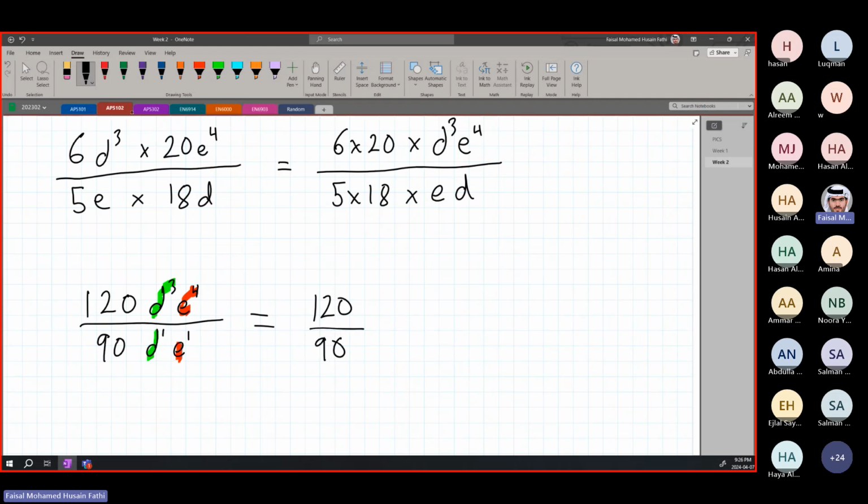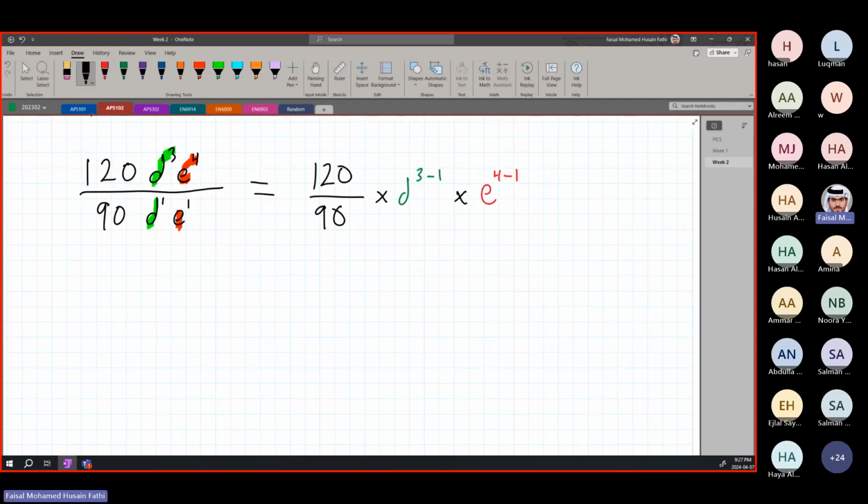Since it's division, it's d to the power of 3 minus 1. Let me do it in green so there's no confusion. So this is going to be times d to the power of 3 minus 1, and then we know it's division directly, times e to the power of 4 minus 1. Okay?